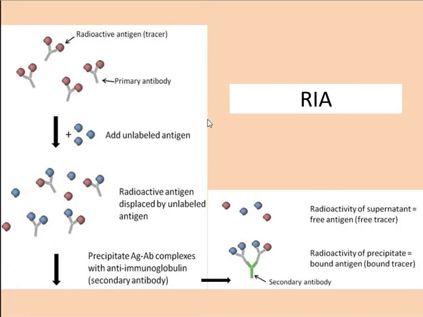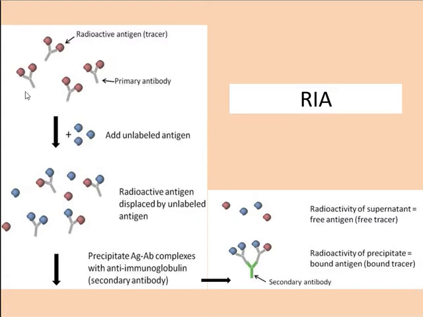So you are mixing a known quantity of antigen and antibody. Now what happens? When you mix them, antigen antibody complexing will occur. That means you are getting a number of antigen antibody complexes.